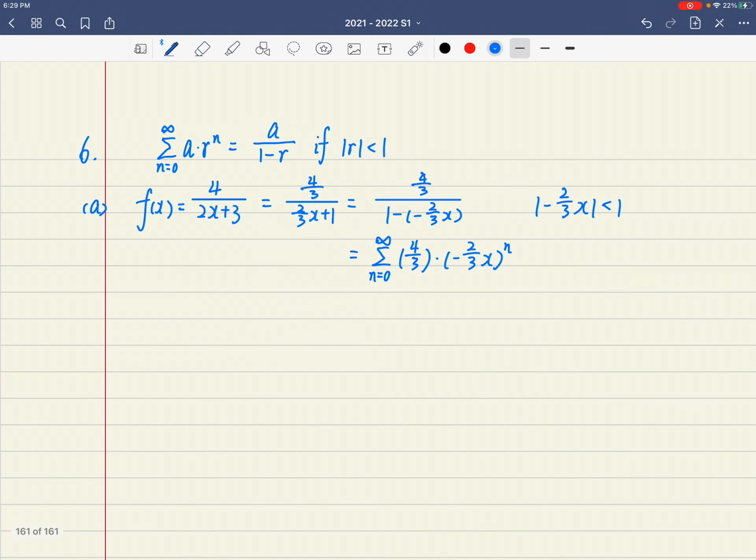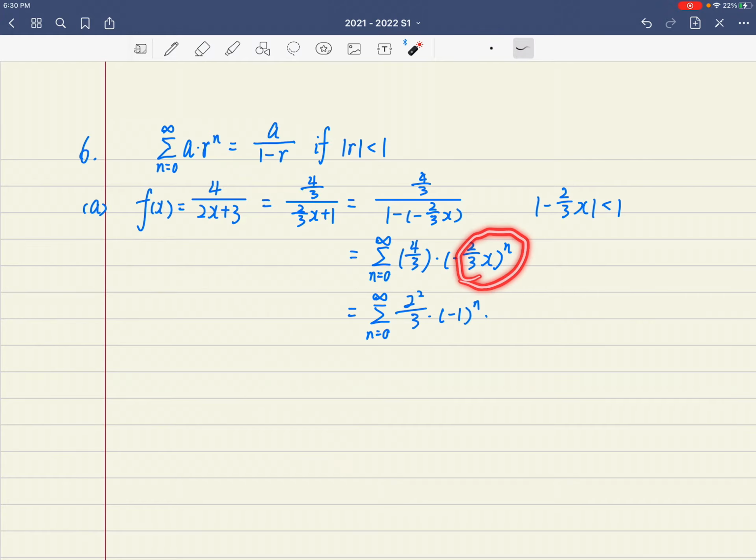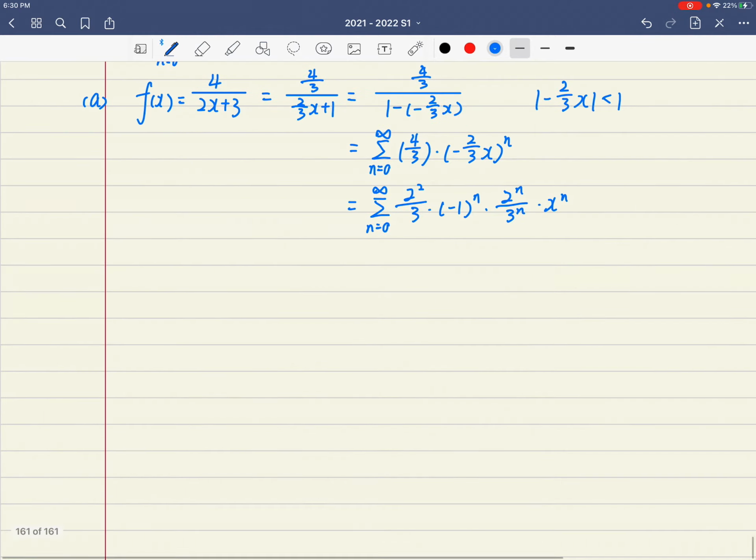Okay, then you can simplify it. For example, 4 is 2 squared over 3. Here I have a negative 1 times 2 over 3 x, right? So I have a negative 1 to the power of n, and I have a 2 over 3 x to the power of n. So it's 2 to the power of n over 3 to the power of n times x to the power of n.